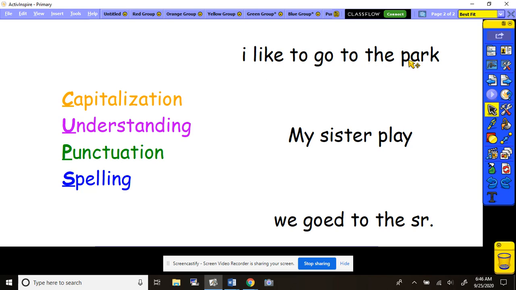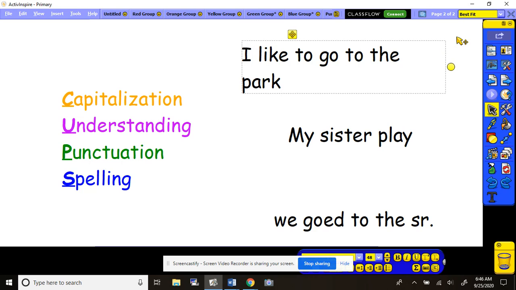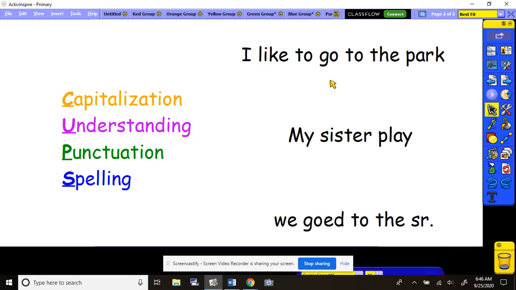Okay, look and see if there are any capitalization mistakes in that sentence. You can point to it if you see one. So the very beginning of my sentence should have a capital I, because I, when it's by itself, should always be capital, and this is the beginning of a sentence, and sentences begin with a capital letter.